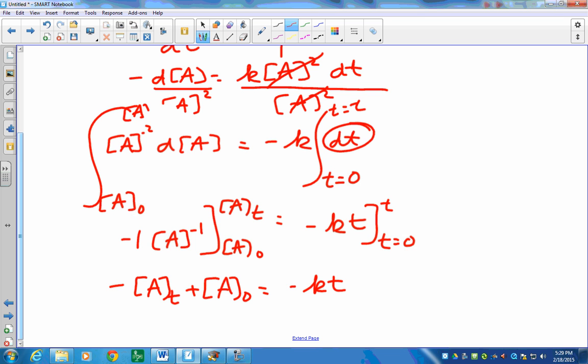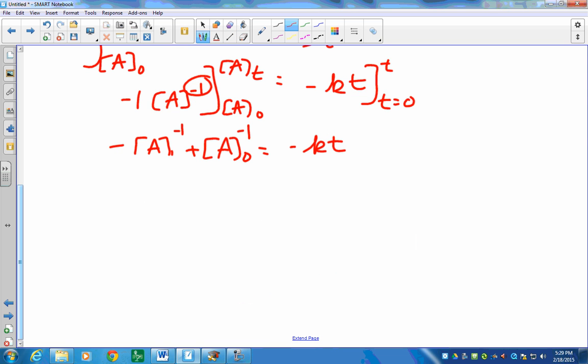And then I'm going to multiply everything by negative 1. So this becomes A sub t to the negative 1, and this becomes negative A sub 0 to the negative 1.